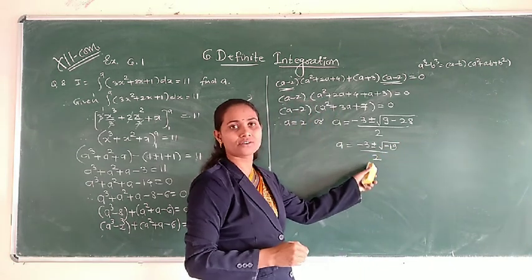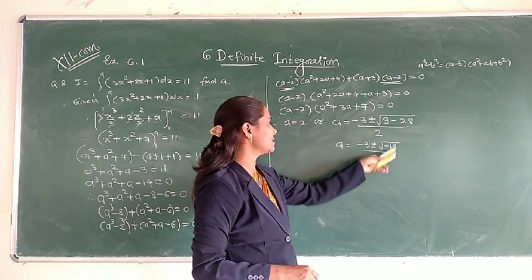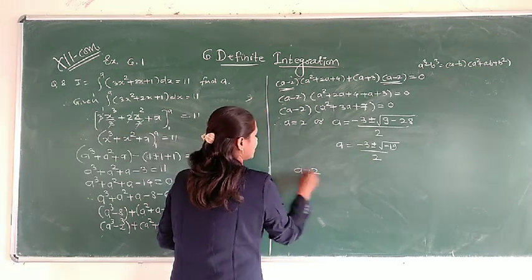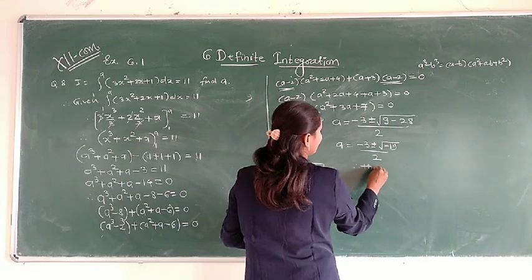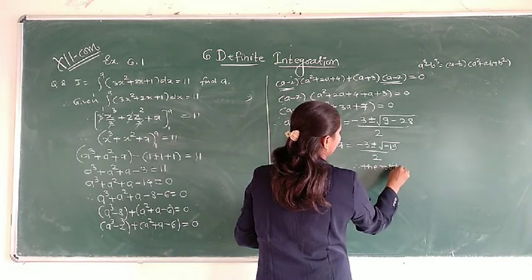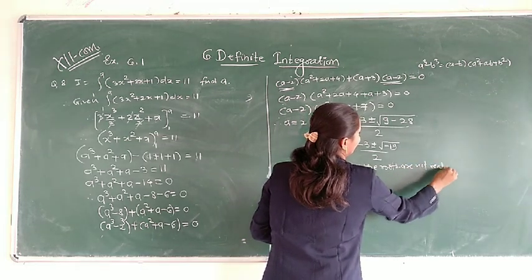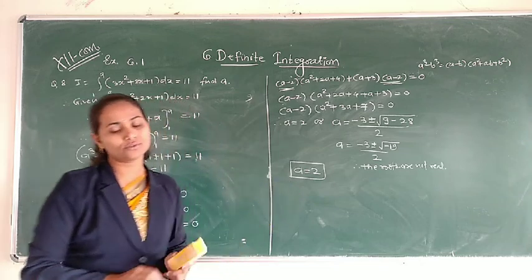But here the roots are not real. Since the discriminant is negative, we cannot consider these values of a. So here we consider only a is equal to 2, because the roots are not real. Therefore, we take only a is equal to 2 here.